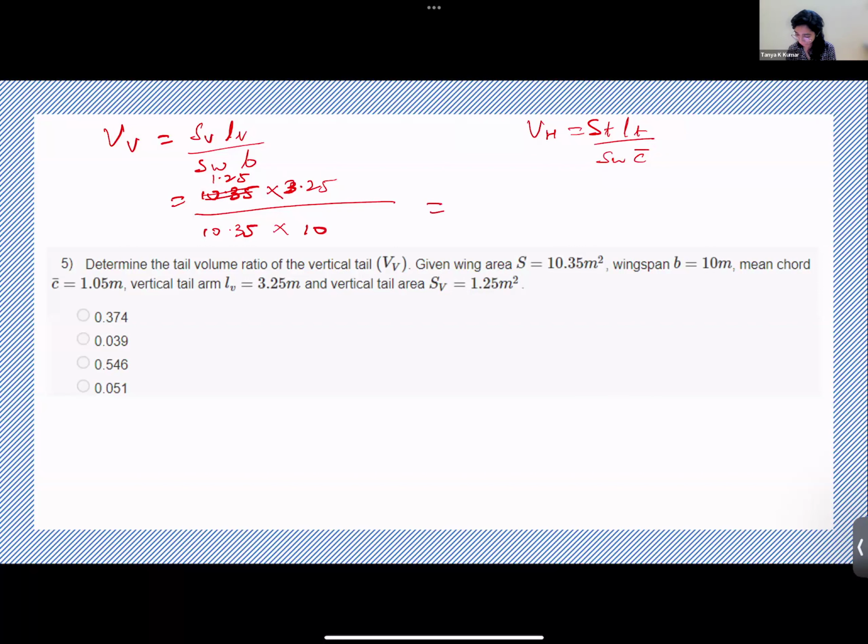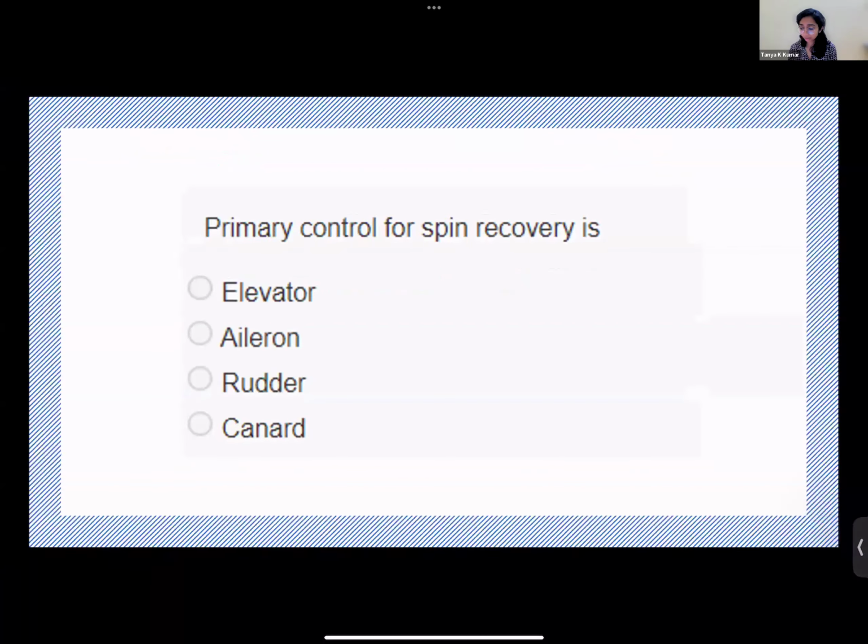So what is this answer? What's the value? 0.039. 0.039, that is the right answer. Okay, let's go to the next question.